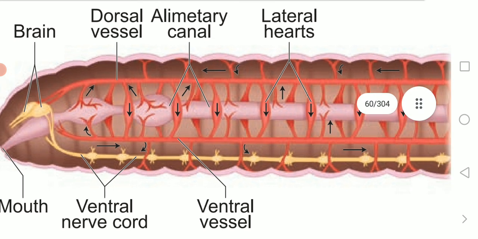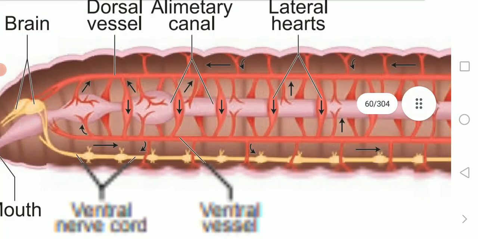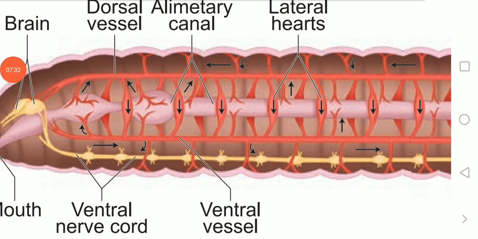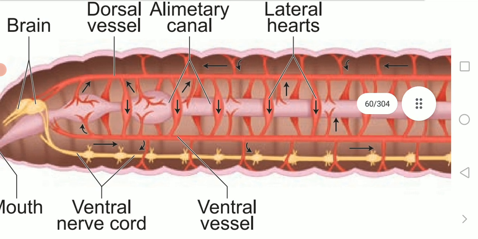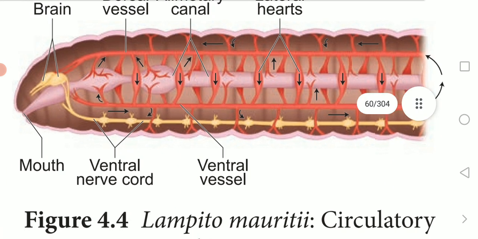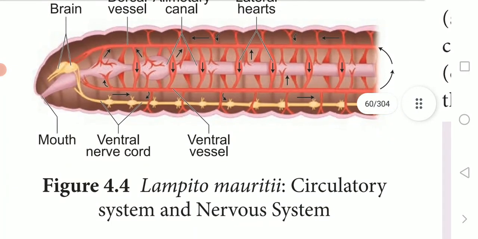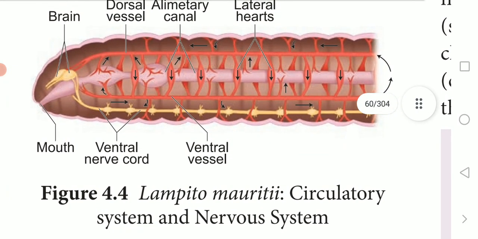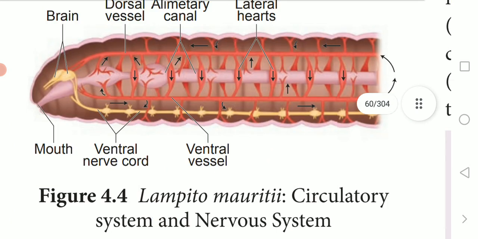The next topic we are going to see is the nervous system. Here I'll tell you the parts present in the nervous system and the organs involved in it. The same diagram can be used to explain the nervous system of Lampito mauritii. Here, the mouth, and after that the brain, then the ventral nerve cord.